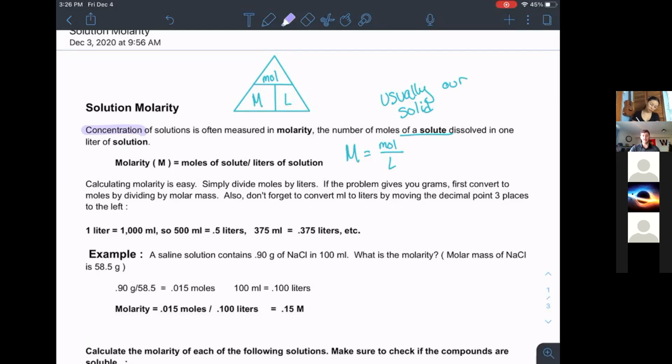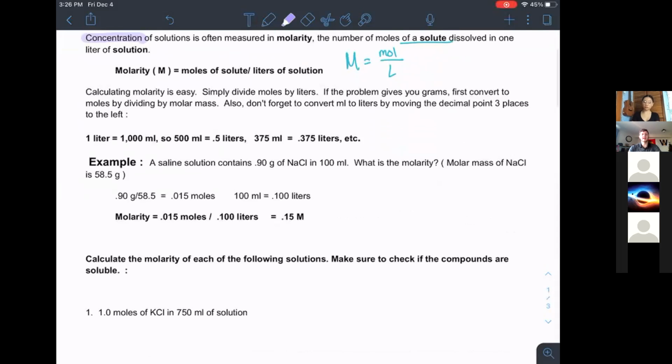Also, the units for molarity need to have liters. So if you are given milliliters, you have to convert to liters by dividing by 1,000, or moving the decimal place 3 times to the left.